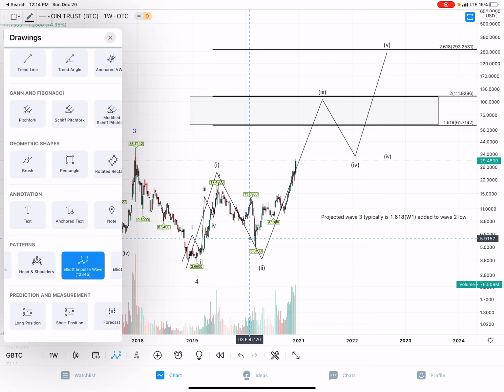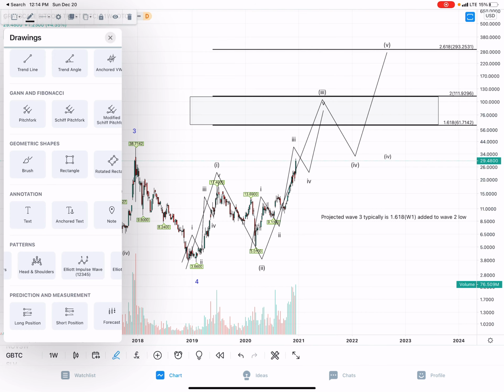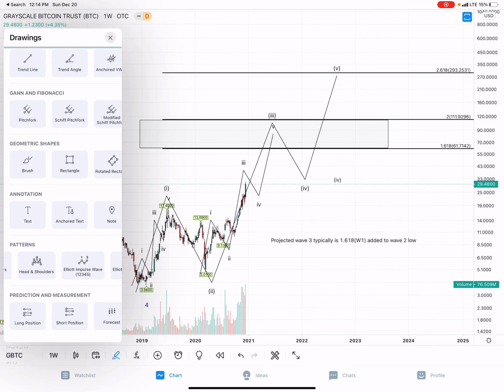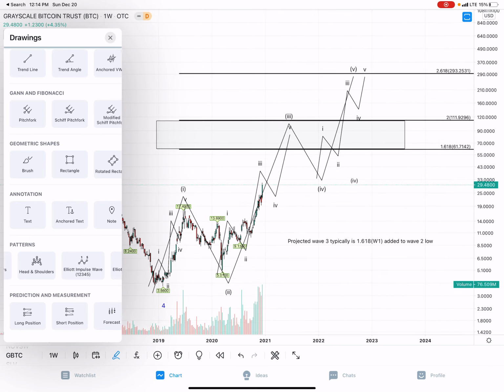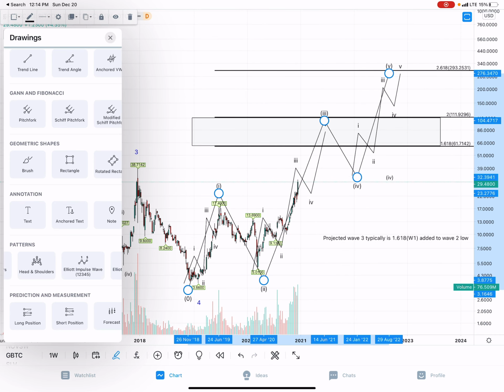And then here we have a clear 1, 2, 1, 2. Could be a 3 up here, pull back into demand here, 4. And then we should get another 1, 2, 3, 4, 5. So remember, impulses are always labeled with numbers. Corrective moves are always labeled with letters.